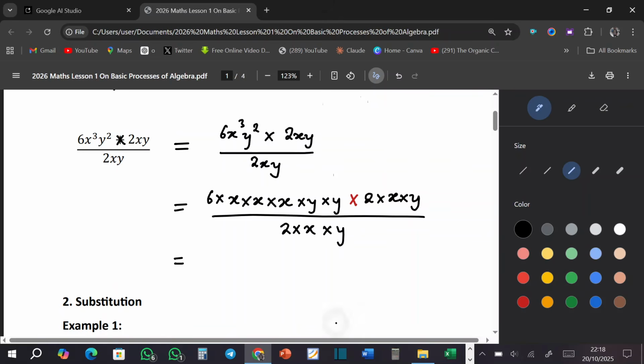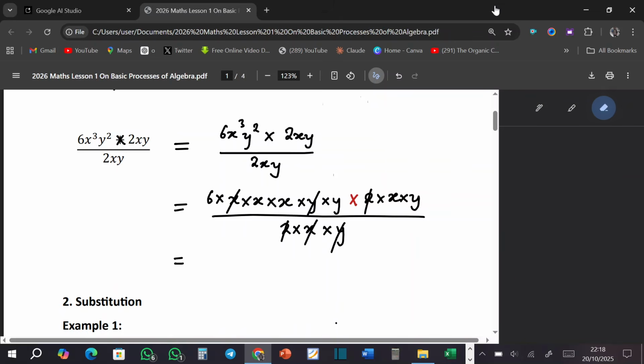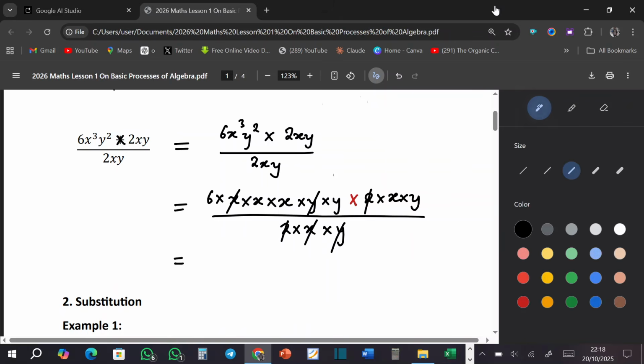So we have x on top, down we have x. We have y, and down we have y. We have 2, and there we have 2, you see. So what are we remaining with on top?